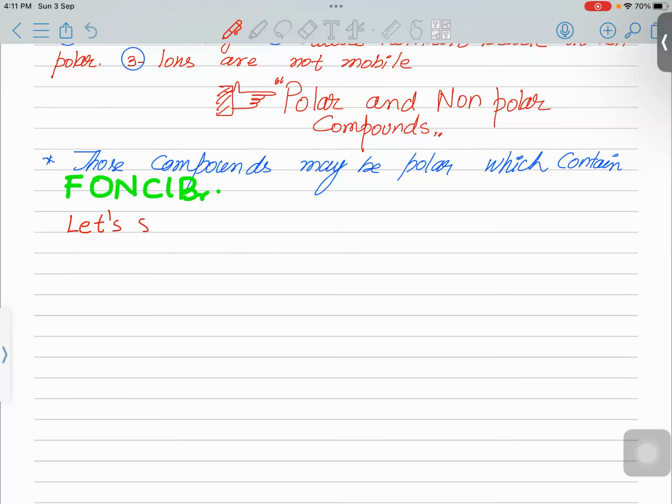Let's suppose we have a compound AB. We have also discussed electronegativity. Isa, what is electronegativity?